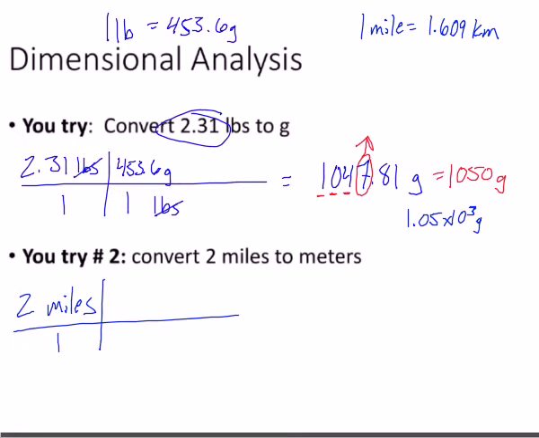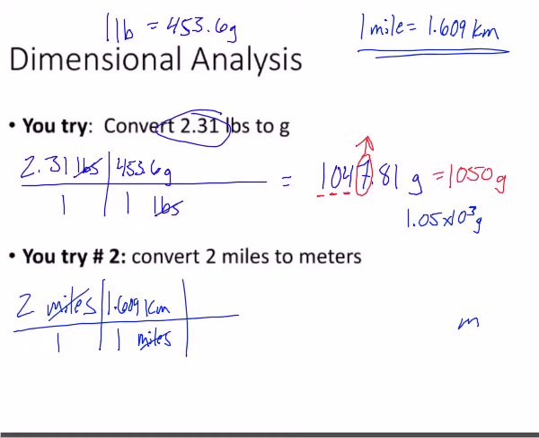If you made this a 1-step problem, absolutely okay. If not, like I'm going to do 2 steps, make it 2 steps. Miles goes on the bottom. Kilometers on top. Miles will cancel out. Up here, it said 1 mile is 1.609 kilometers. I want to get to meters, though, so I need to take it 1 step further.